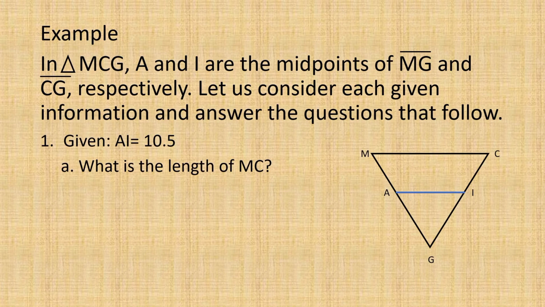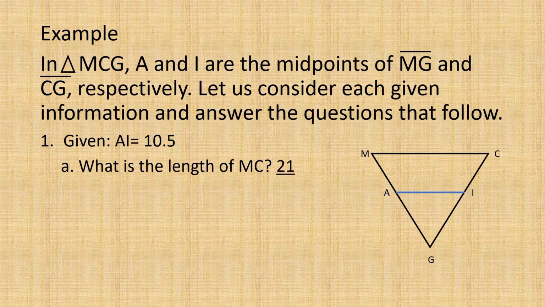To understand more about the midline theorem in a triangle, let us consider this example. In triangle MCG, A and I are the midpoints of MG and CG respectively. Now let us consider each given information and answer the questions that follow. Number 1, if AI is equal to 10.5, what is the length of MC?